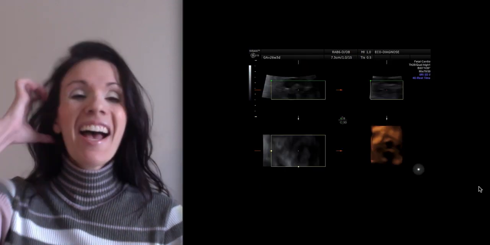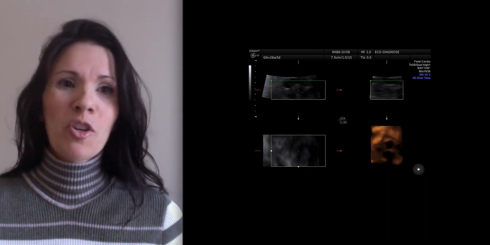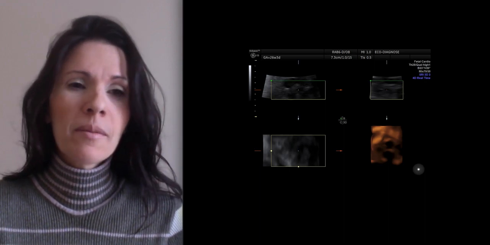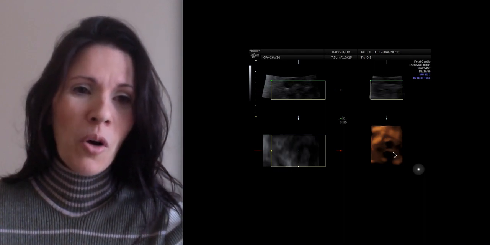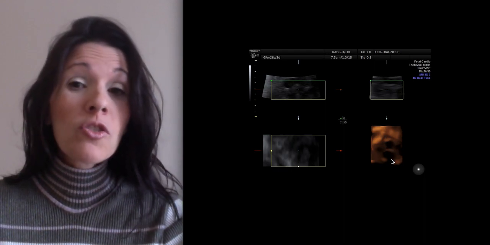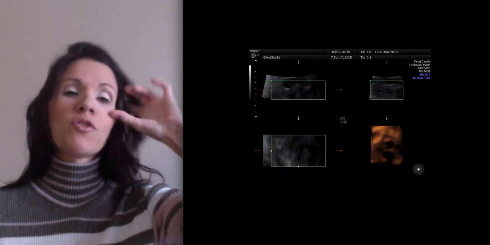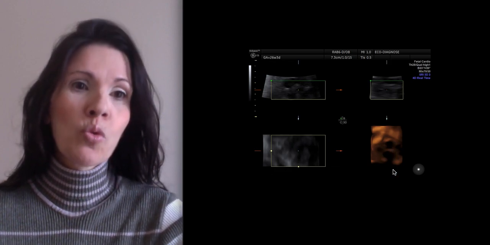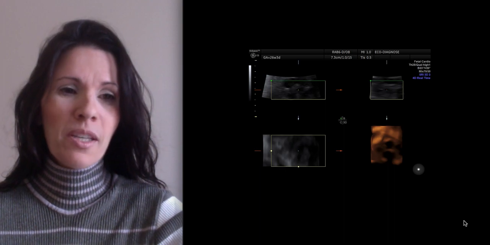And I did even the 4D to be sure, because this is just a picture, but I did the video and I could see the valves open and close. It's not just an AVSD, because when you have an AVSD, you have just one valve open, and here I can see two valves and with the integrity of the septum. Okay?